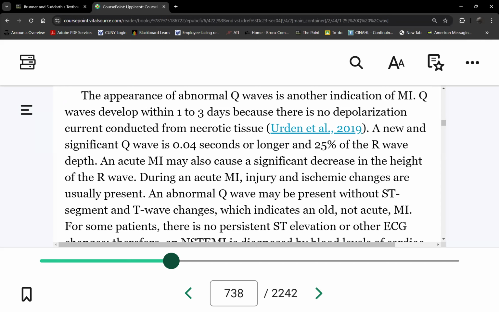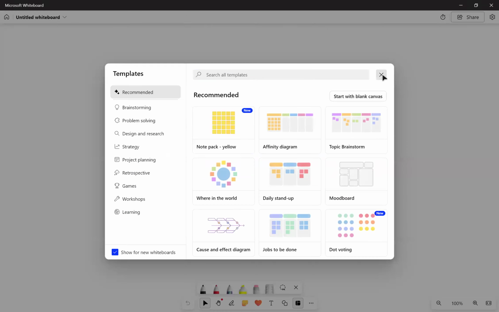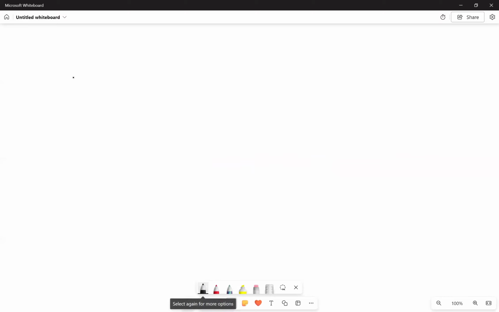Okay, so let me describe NSTEMI and differentiate it from STEMI. So in STEMI, you have a pathologic Q, right?